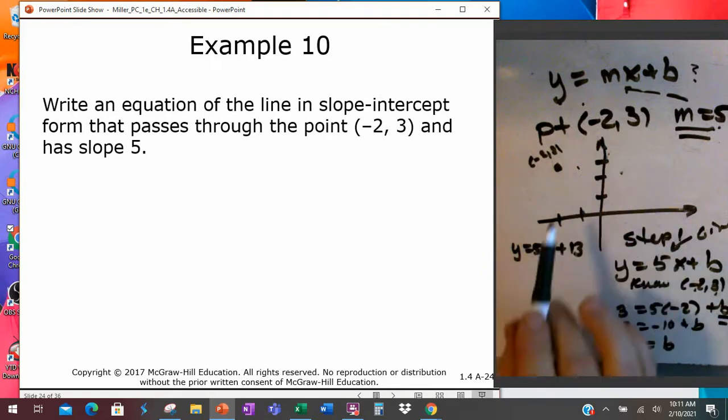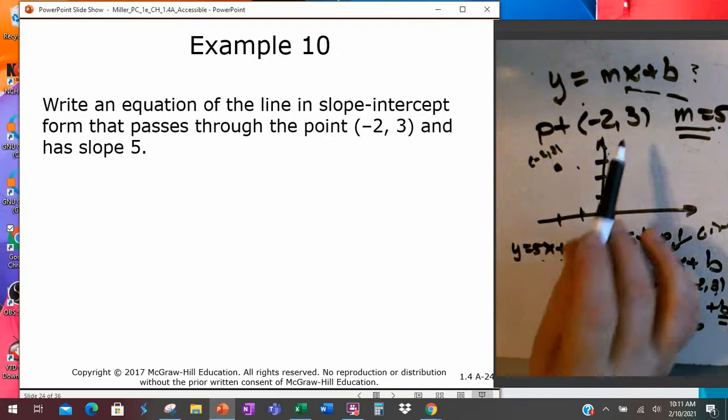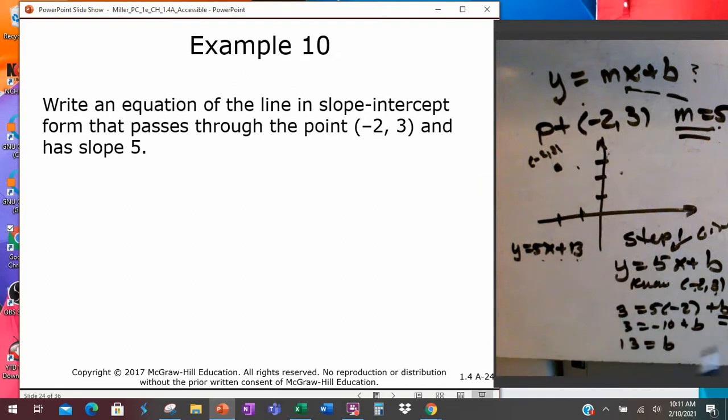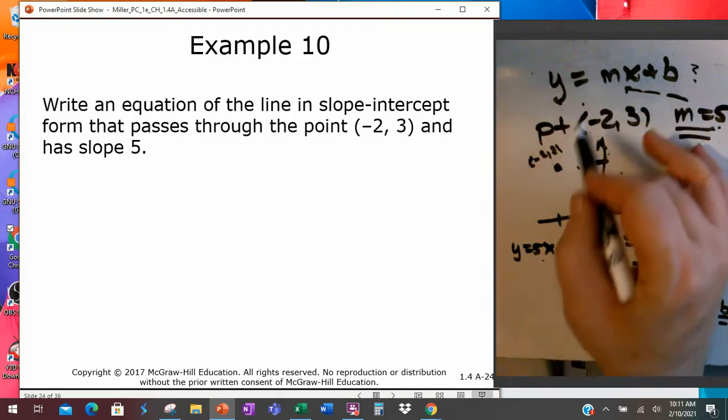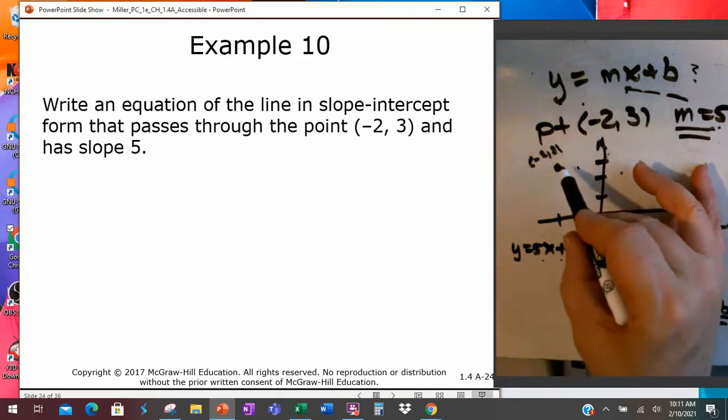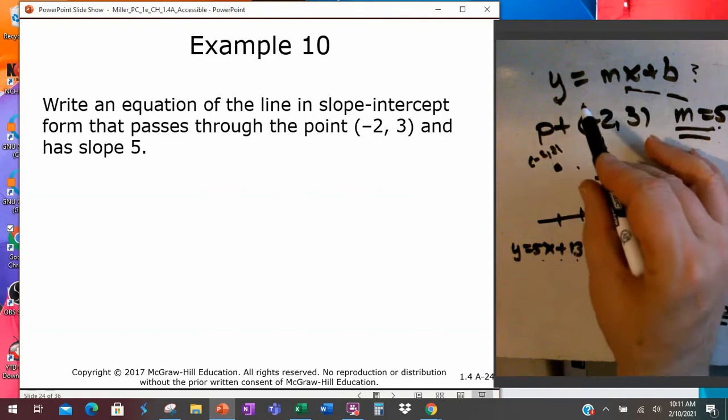At negative 2, 5 times negative 2 is negative 10, plus 13 is 3. Now I know my y-intercept is 13, way up there. And as we said, the slope was 5, so every time we go over 1, we go up 5.